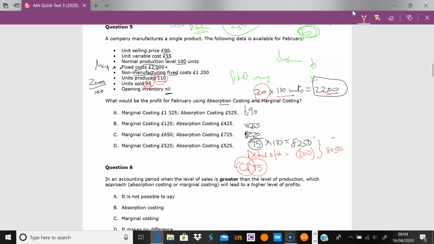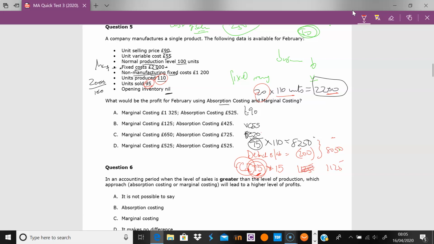The closing inventory must be at the full cost of what's going on in the factory, which is 75. So I have 15 units that are sitting at £75. Of course, that's my closing inventory because I haven't sold them, and that's 1125. I better write that here, 1125.